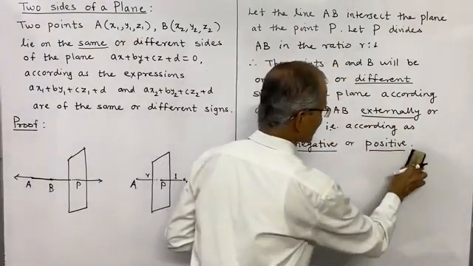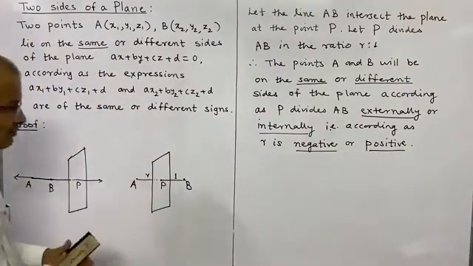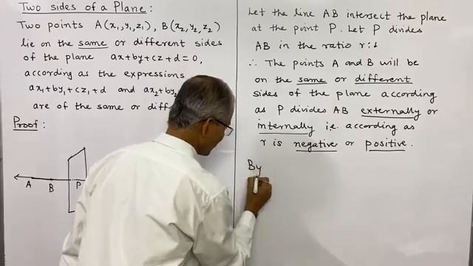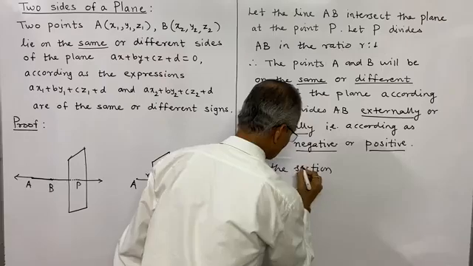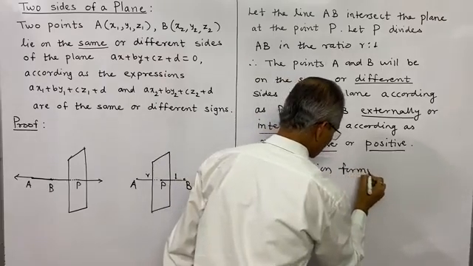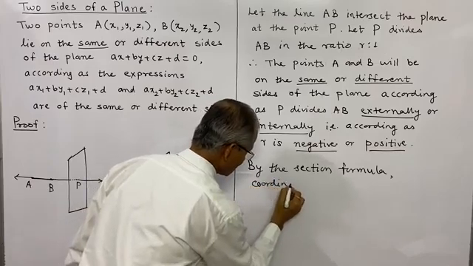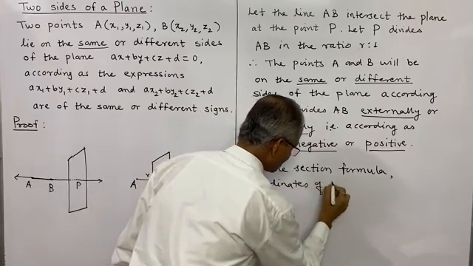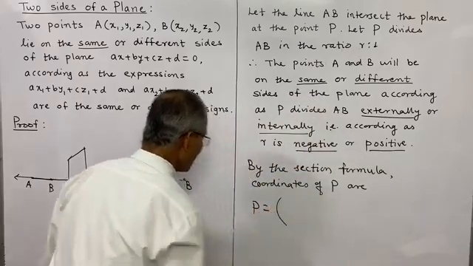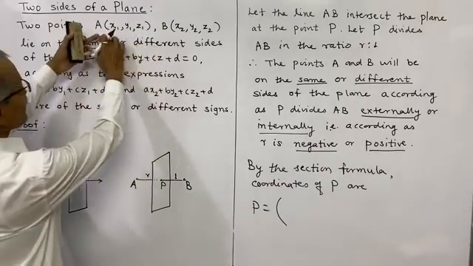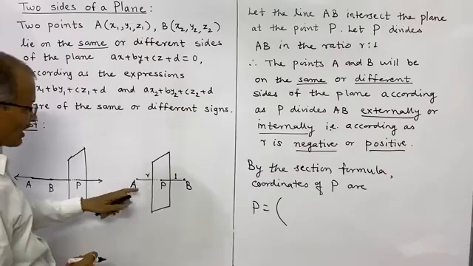Now we can use the section formula to obtain the coordinates of P. By the section formula, the coordinates of P are, see here the coordinates of A and B are there, and the division is R to 1. So we will write according to this.